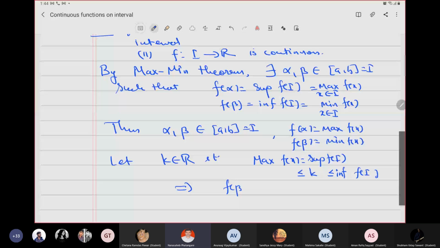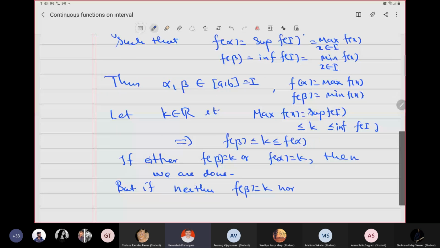But if neither f of beta is equal to k nor f of alpha is equal to k, then we want to investigate further, right? Then f of beta is less than k less than f of alpha.